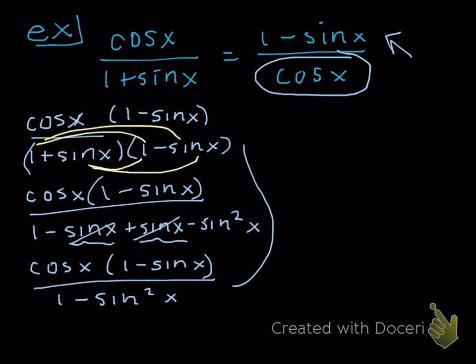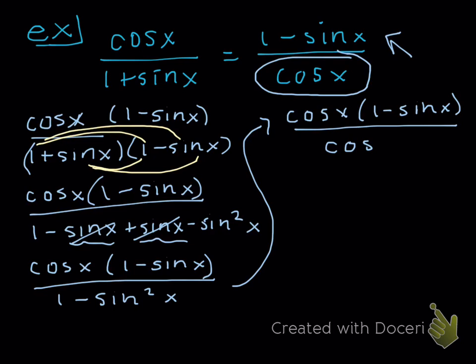So I'm going to come up here so I have some more room. So you still will have cosine of x times 1 minus sine of x. And in the denominator, again, I can replace 1 minus sine squared with cosine squared of x. And now I want to see what I can reduce. So notice I have a cosine in the top and a cosine squared in the bottom. A cosine squared is made up of two cosines. This essentially is a cosine times a cosine.